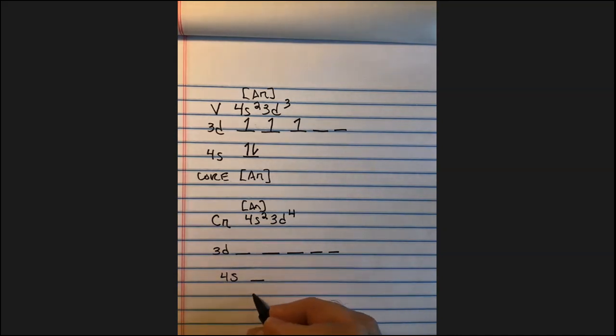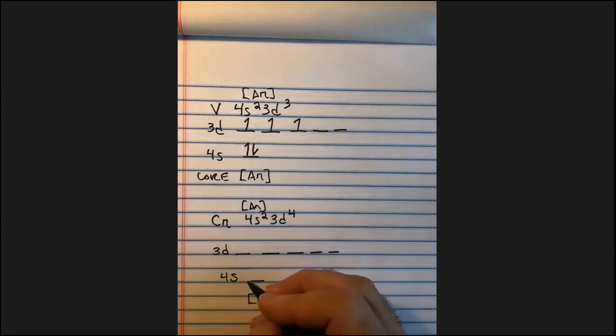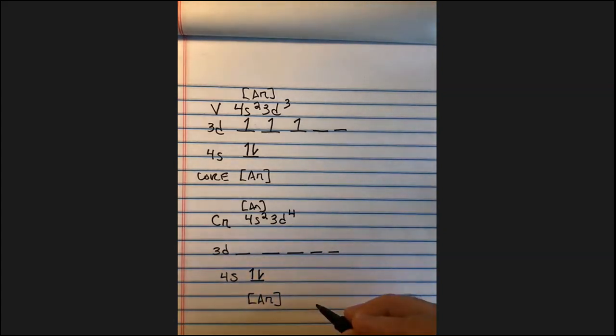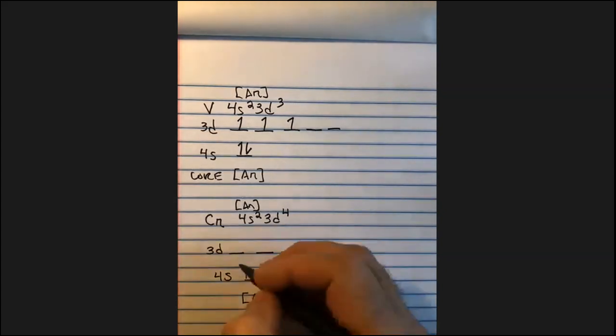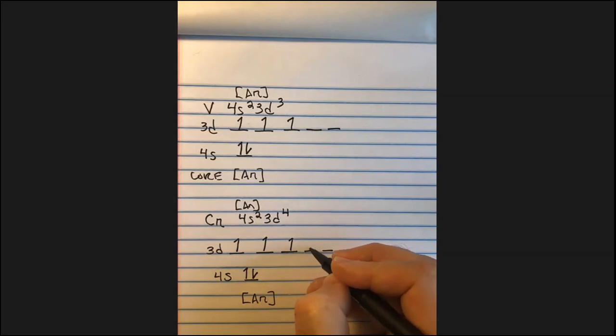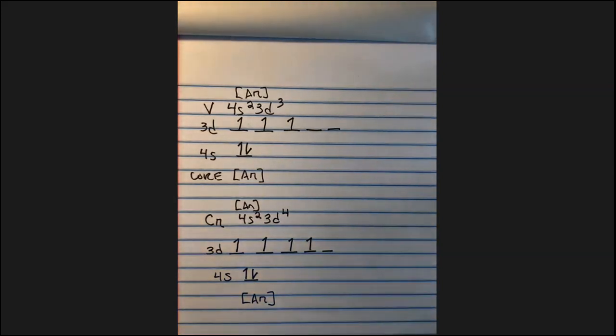Here's 4s, and again, we have a core of argon. So again, I'm going to put 2 electrons in 4s, 4 in 3d, but since I have 5 orbitals available, I can keep those 4 electrons in separate orbitals.